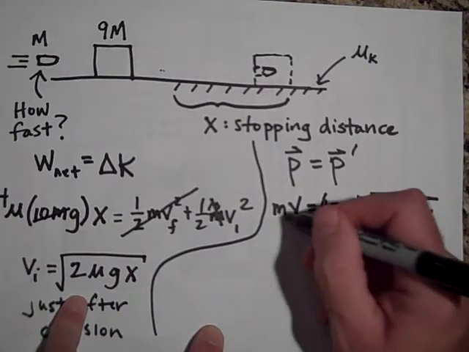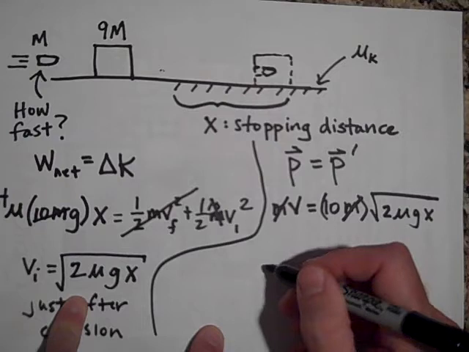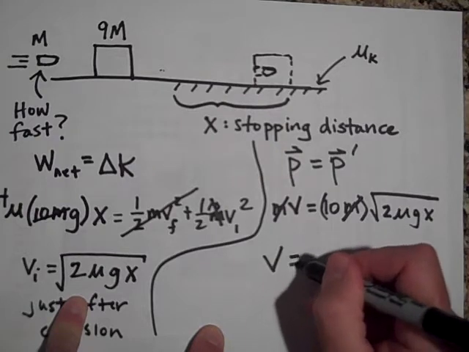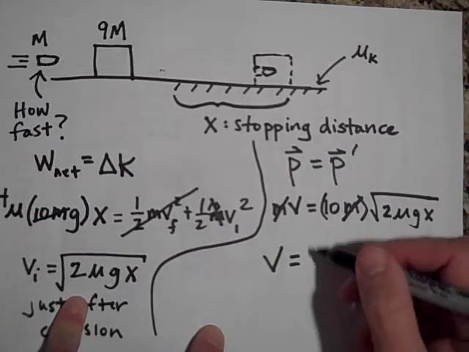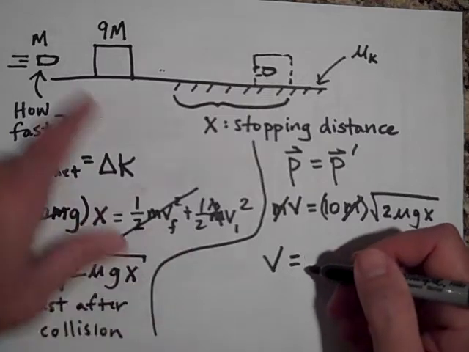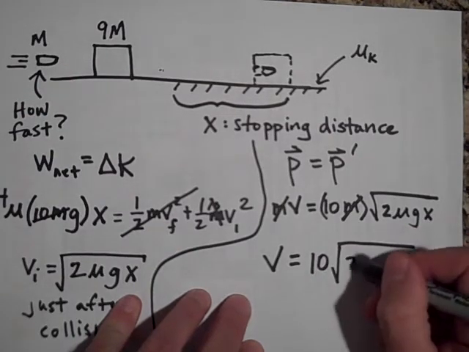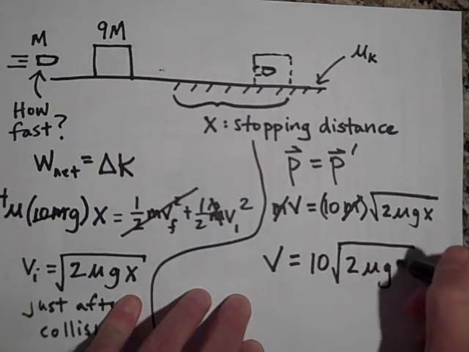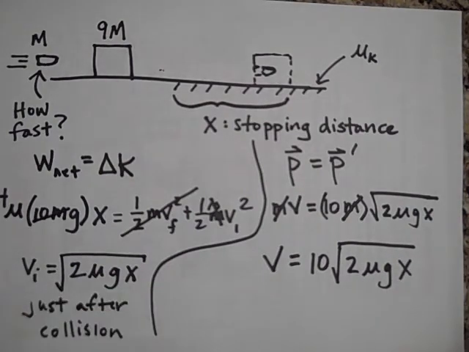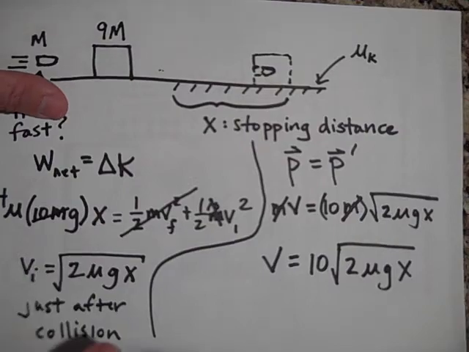Cancel out an m. And so the v just before the collision, the v of the bullet, is going to be 10 times the square root of 2 mu g x. Okay, that's a tough problem. Okay, next one.